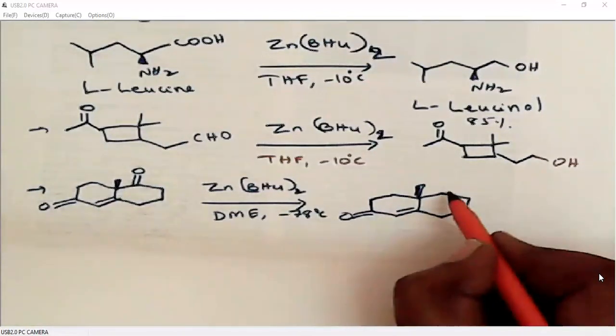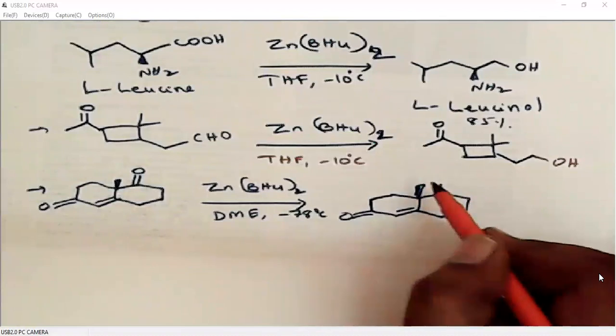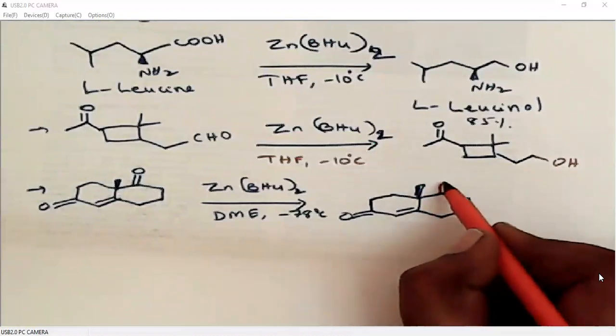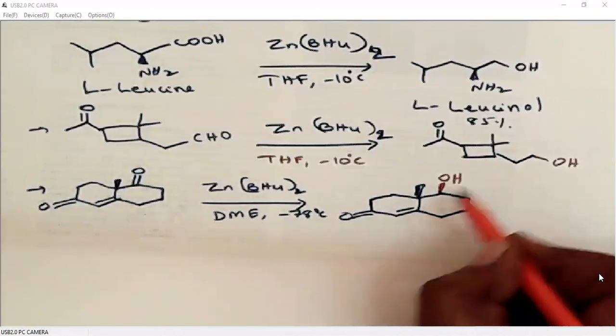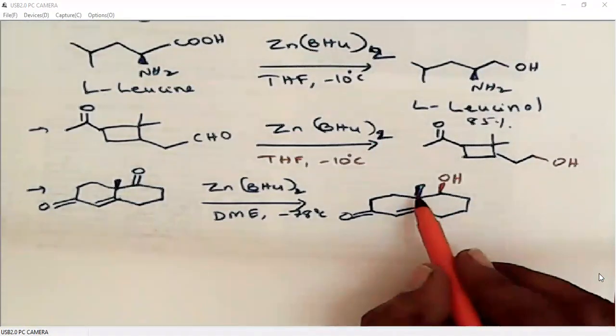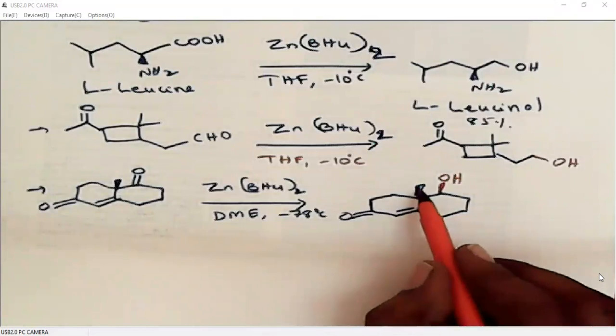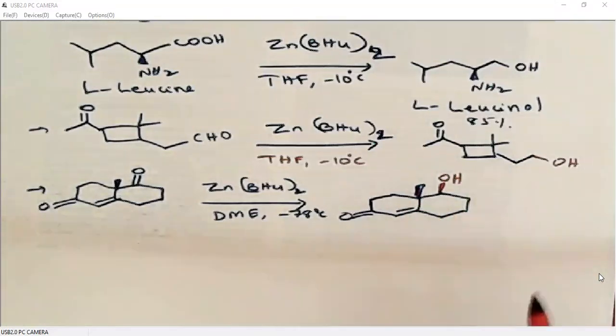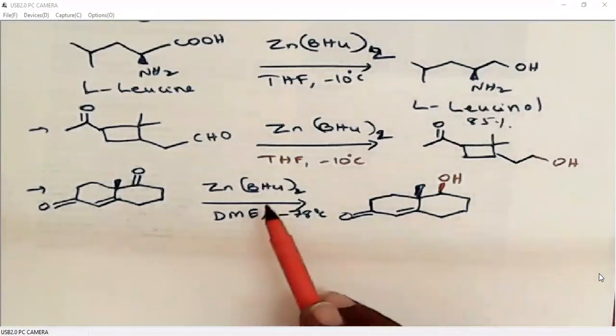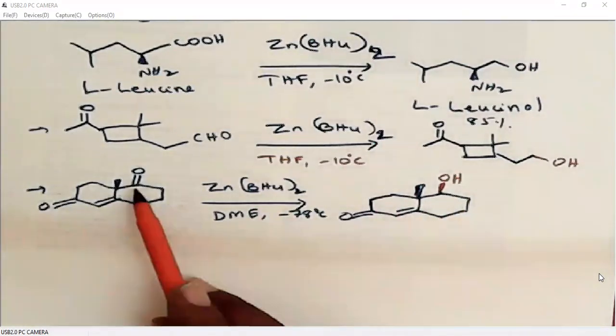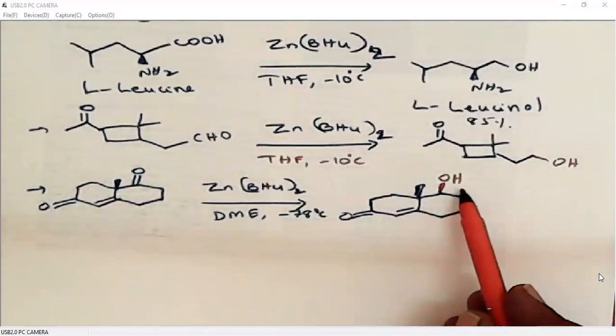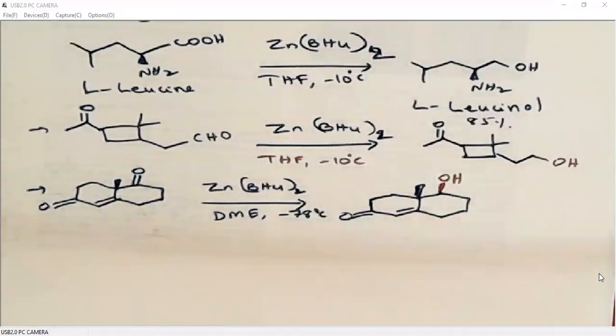Here the methyl group is above the plane, so hydride transfer takes place from below the plane. The methyl group above the plane creates steric crowding. That is why borohydride will approach the carbonyl from below the plane. So hydrogen will be below the plane, OH will be above the plane.